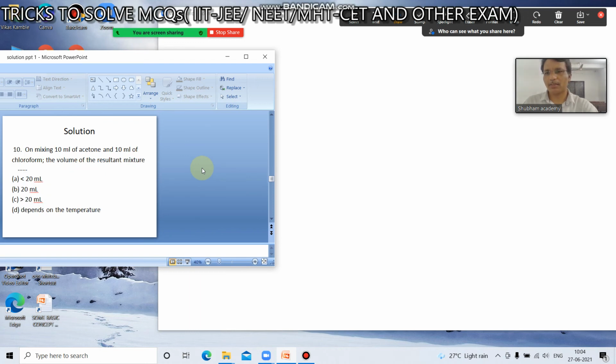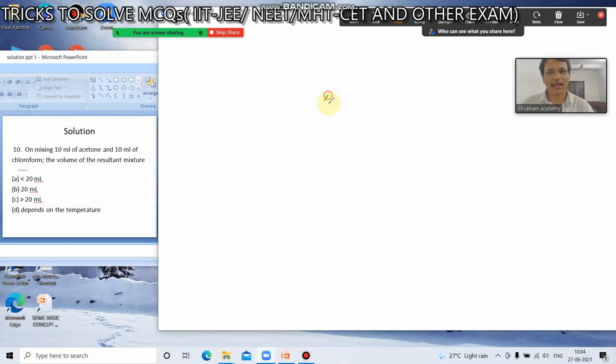Next is question number 10. On mixing 10 ml of acetone and 10 ml of chloroform. Friends, this is the example of acetone and chloroform. In between them, bonding will take place, and that's why we get negative deviations from the ideal solutions.